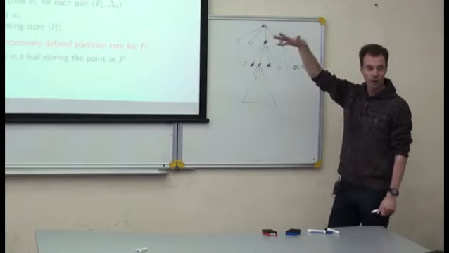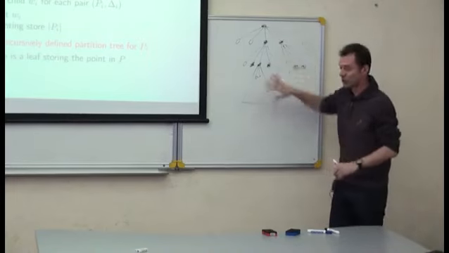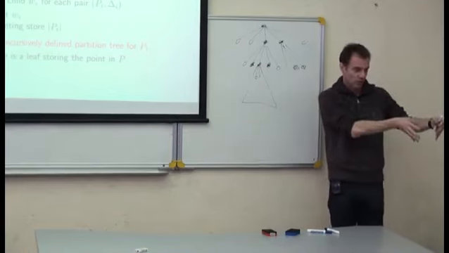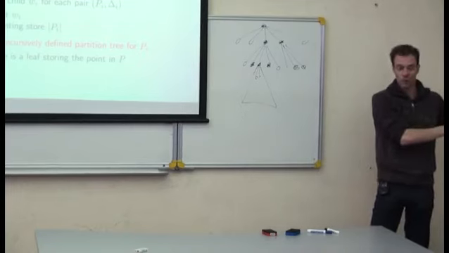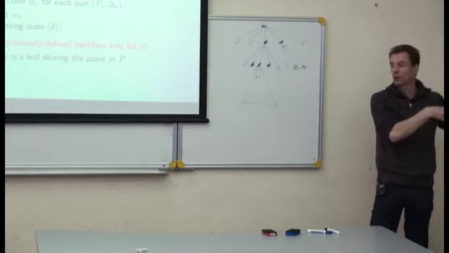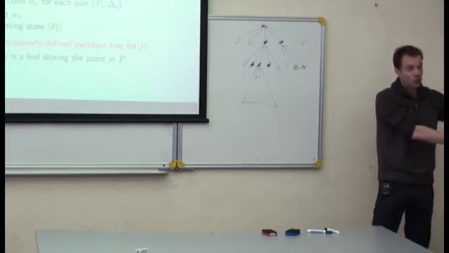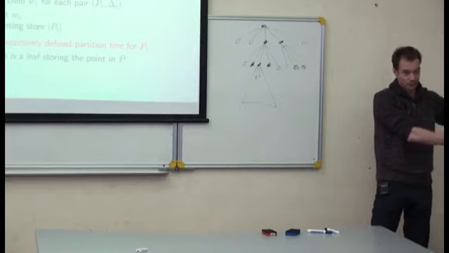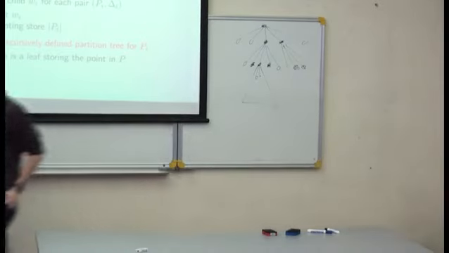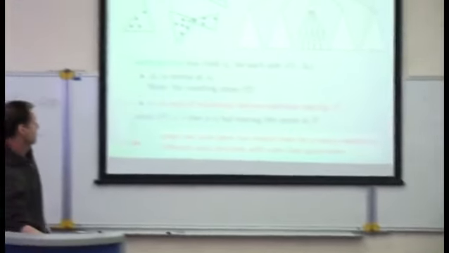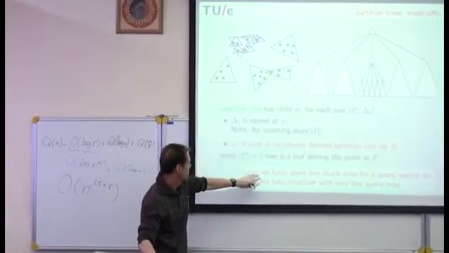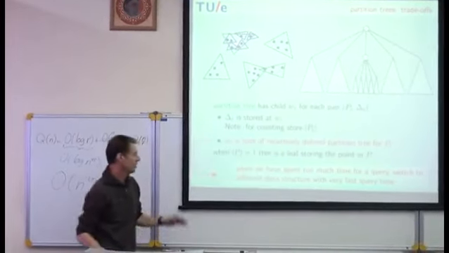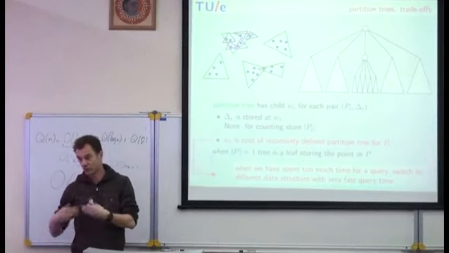Okay, so somewhere, let's say in the middle of this tree, instead of saying, okay, I have this point set and I store it in a recursively defined partition tree, I say no, now I don't have too much time anymore for my queries, so instead I'm going to store it in a cutting tree. So essentially, intuitively, when we have spent too much time for a query, we switch to a different data structure that is faster.